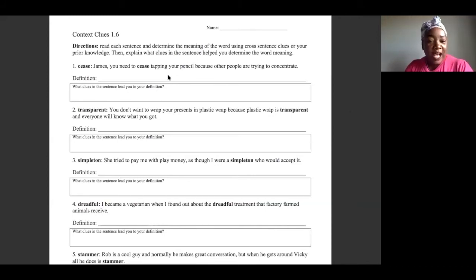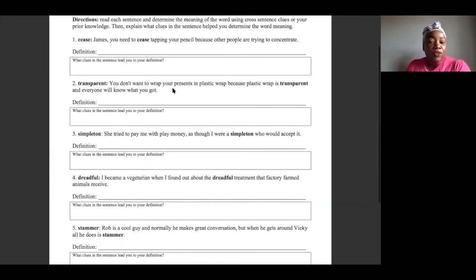Stop is actually the answer, but I wanted the clue. Okay, you said the clue was when they said that others were trying to concentrate. Okay, good. All right, so the clue would be people are trying to concentrate. So if someone's trying to concentrate, that means you have to stop doing what you're doing. So we know that cease means to stop.